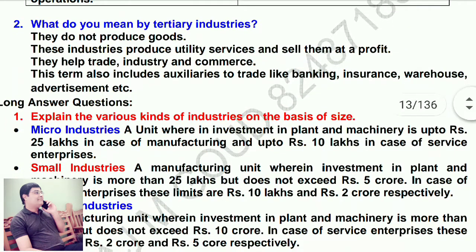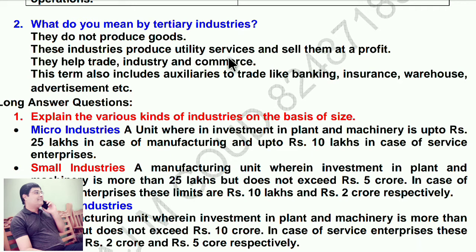Now move on to next question, which is also one of the important question. Sometimes they will ask in 1 mark also, what is tertiary industry? Means in gap they will give what is tertiary industries. So see here, tertiary industries, they do not produce goods.